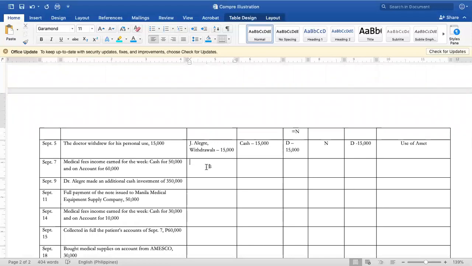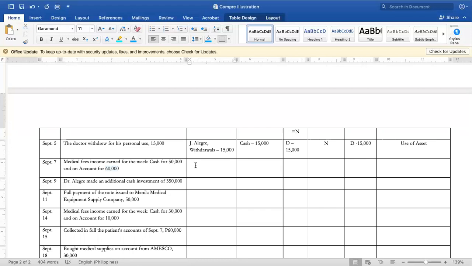Next, medical fees, income earned for the week, cash for 50,000 and on account for 60,000. Okay, so the medical clinic rendered services to clients and customers. So now 50,000 was paid in cash, and the 60,000 was on credit. Right? So we extended credit to our customers. Okay, customer has 1 month to pay or several months to pay, depending on the agreement.